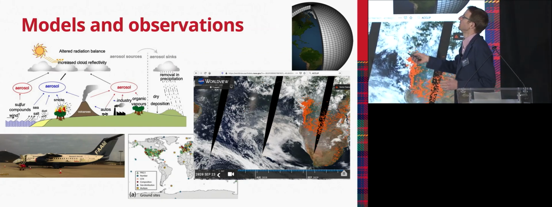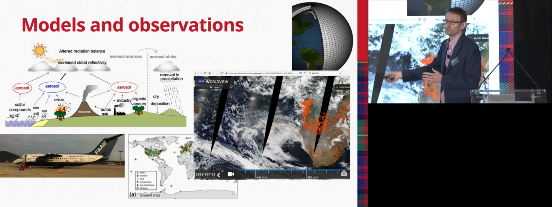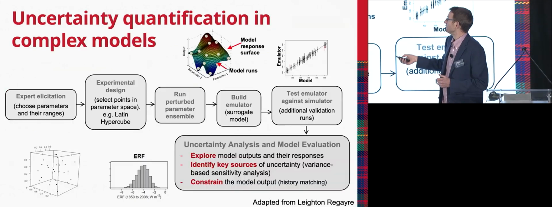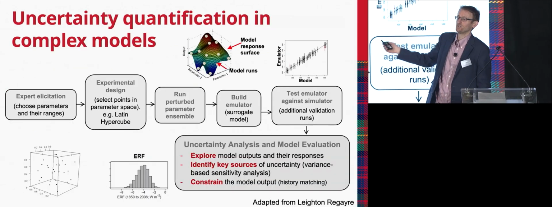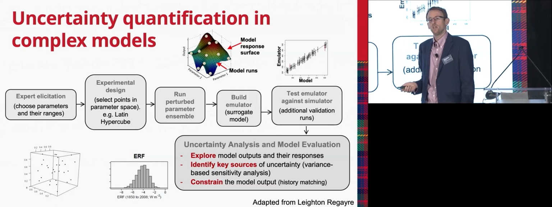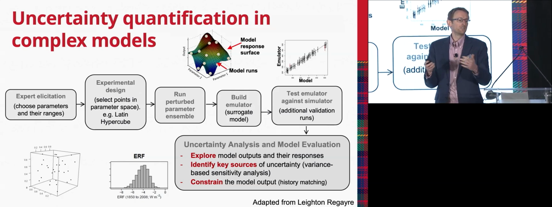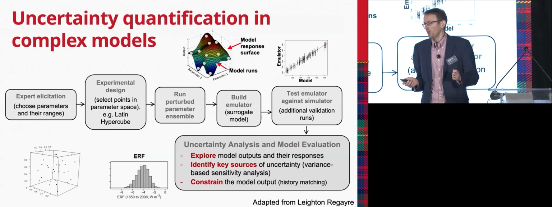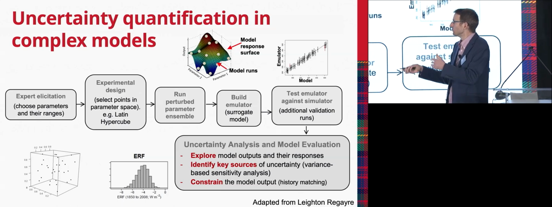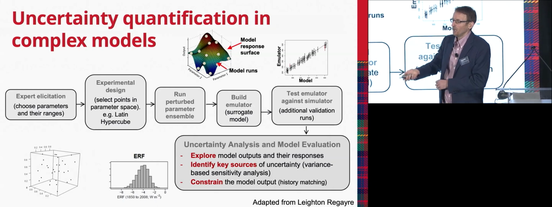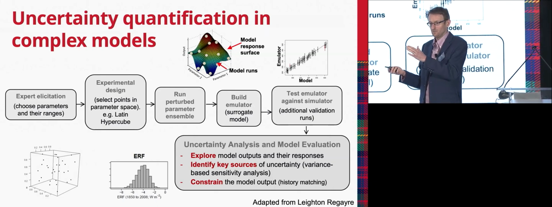So how do we put these models together with observations to make them better? Well, that's where uncertainty quantification using machine learning algorithms comes into its own. Models have uncertain input parameters, and we know, or at least our experts know, more or less what these should be.